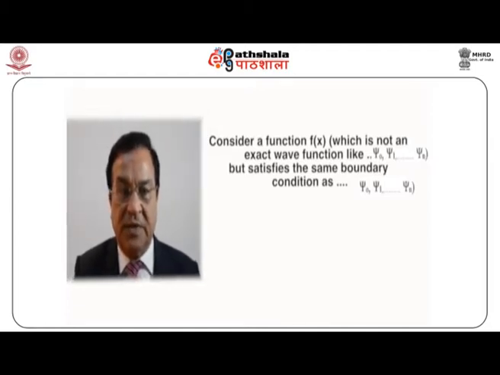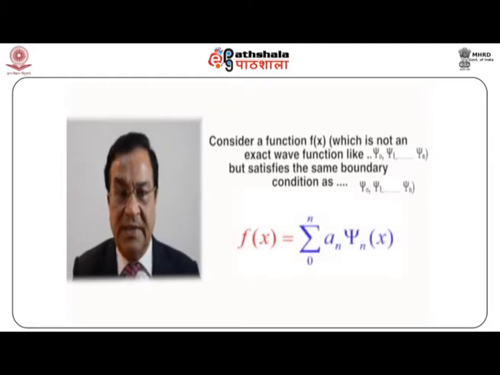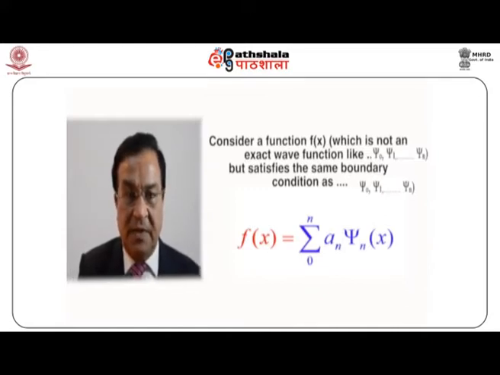If there is a function like that, then this function f(x) can be expressed as a linear combination of all these functions psi i in the form of this equation. f(x) is equal to summation 0 to n a_n psi_n(x). This is basically a principle.